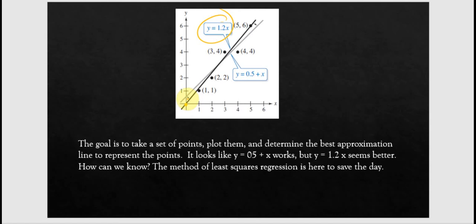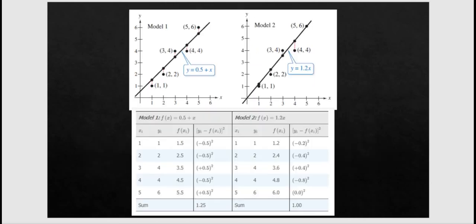It looks like y equal to 0.5 plus x works, but actually y equal to 1.2 times x seems better. How can we know? The method of least squares regression is here to save the day.